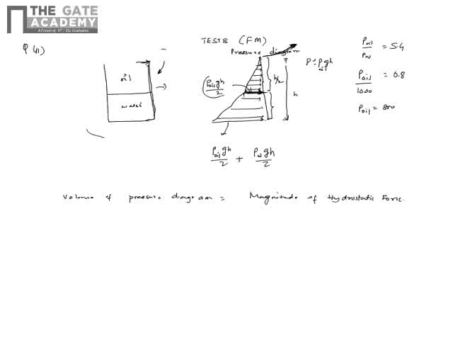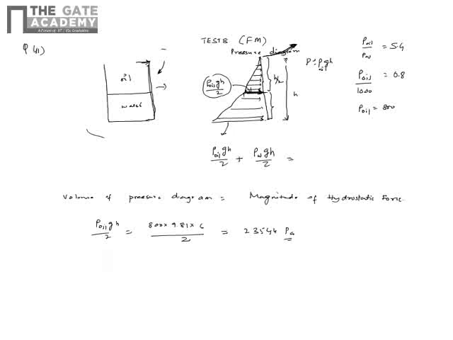Let's first calculate the pressure here and then the pressure here. At the interface the pressure is rho oil g h by 2, and that value is 800 into 9.81 into 6 by 2. This comes out to be 23544 pascal. You just have to use a calculator.